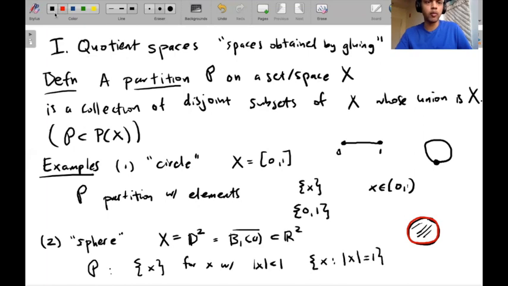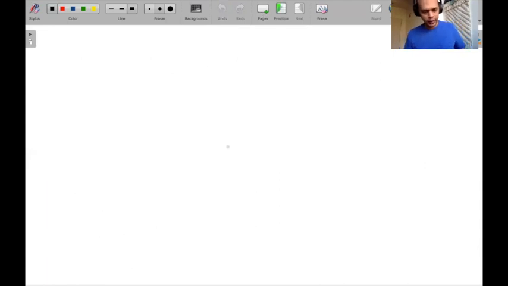And so what you're supposed to imagine is if you take the disk and then you identify all the points on the boundary to a single point, then what you get is exactly a sphere. So right now we're working at the level of intuition. In a second, we're going to put a topology on this set P, which will make all of this formal.